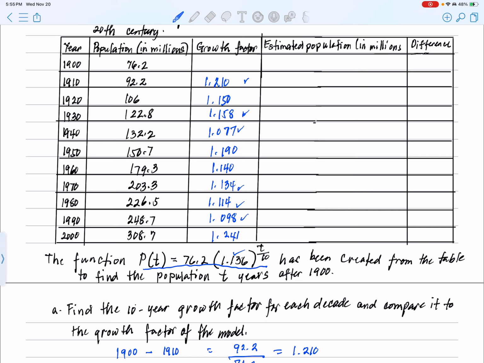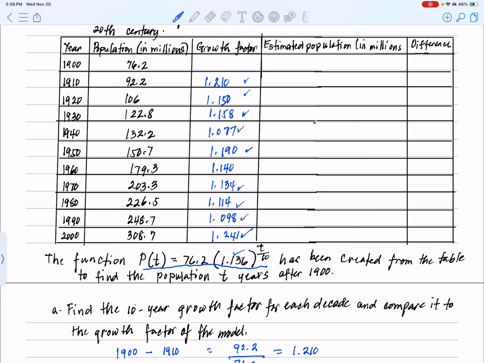And also from 1940 to 1950, we have 1.190, and 1990 to 2000 we have 1.241. So these are the values that are greater than the growth factor of the model, which is 1.136. So the growth factor in the model appears to be an average of growth rates across the century.